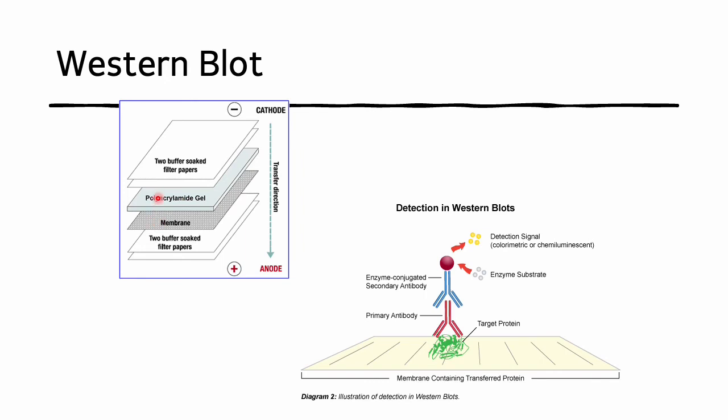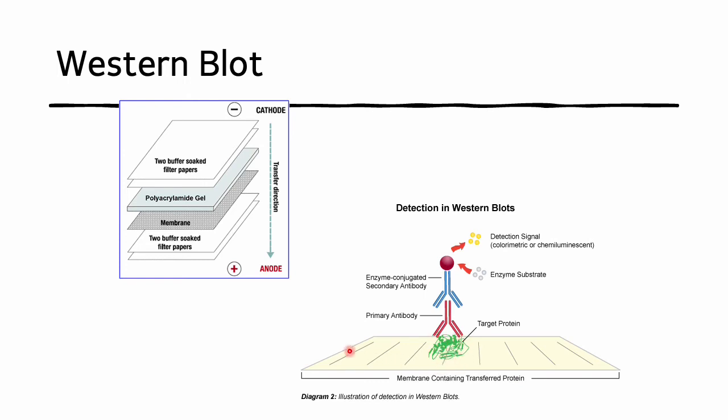We call it the transfer step. We also use charges, since proteins are coated with SDS, which has negative charge. If we make the membrane side positive, the protein is going to be attracted to this side and bound to the membrane. After the transfer step, we're going to have a membrane with protein on it.